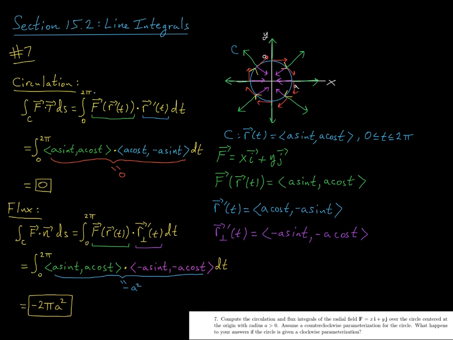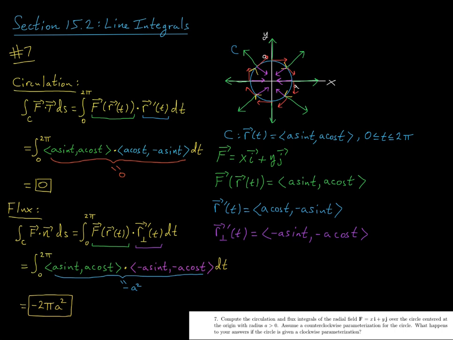And so I've gone ahead and just computed all the key things we need. Again, the circulation will be 0, and that is not a surprise. Notice as we move clockwise now, okay, the vector here in purple, our unit normal, is now pointing in to the circle as opposed to the outward direction that we saw with a counterclockwise parameterization.